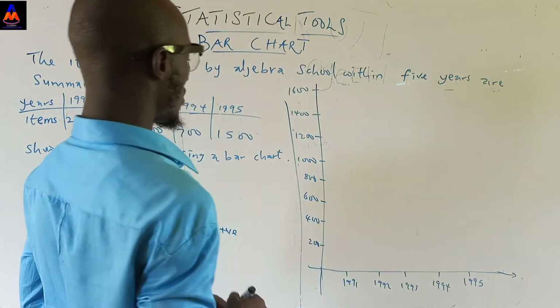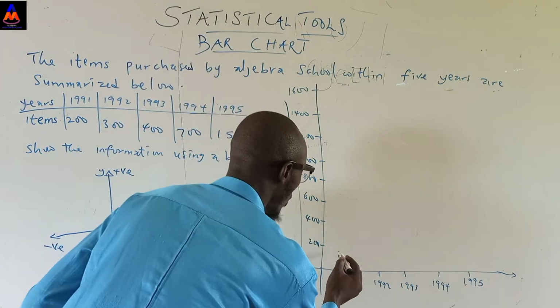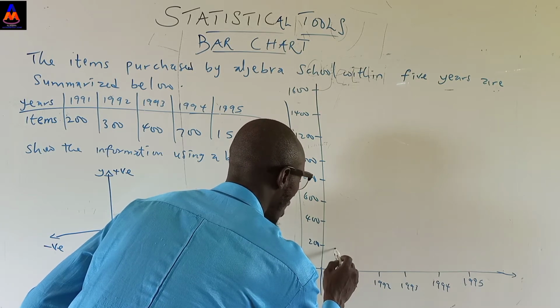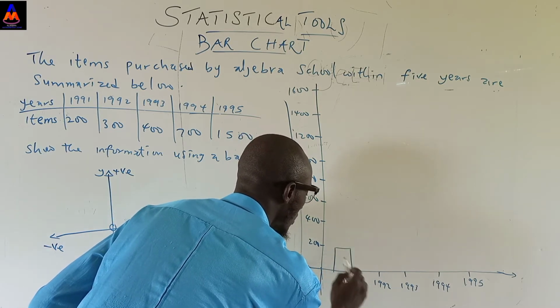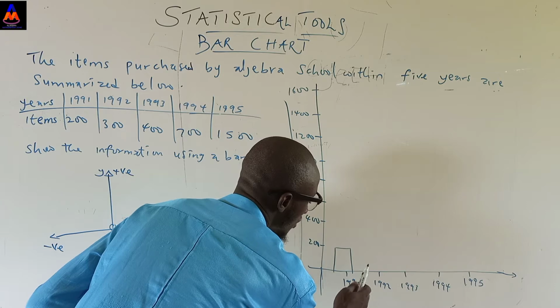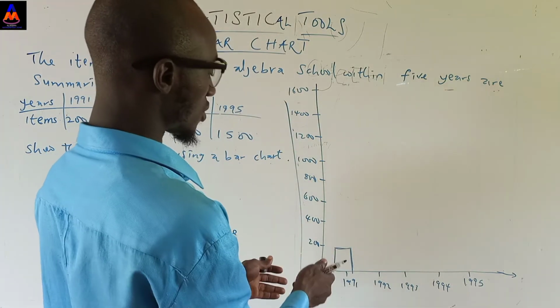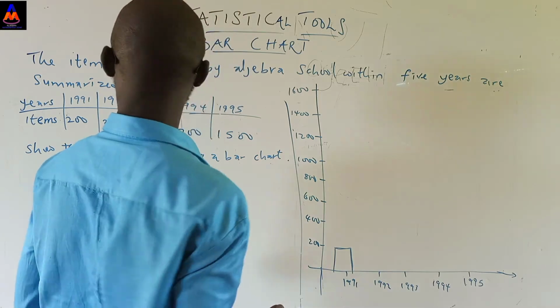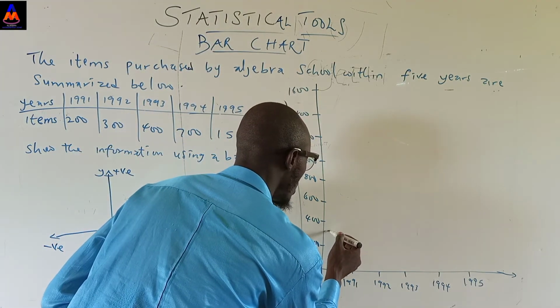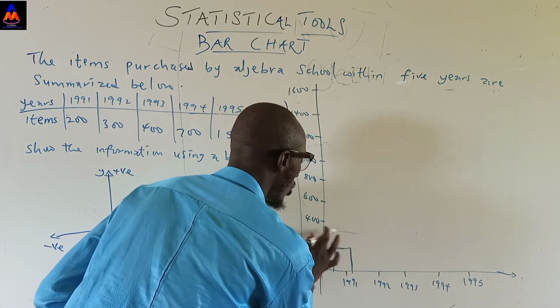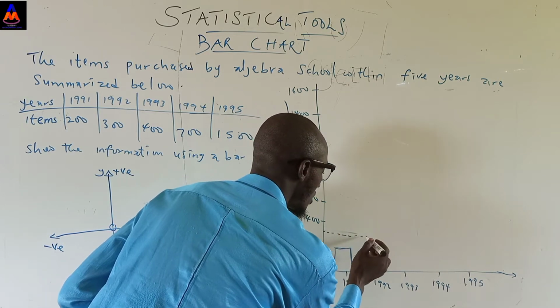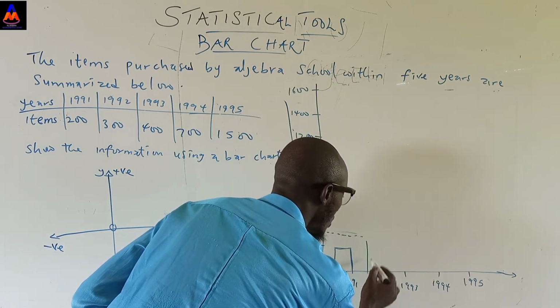The first one will be 200 on the y-axis and 1991 on the x-axis, so it sits within that x-axis and y-axis. The next one is 300, which will come in between this.